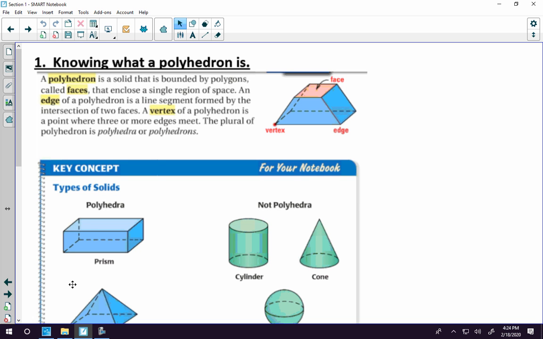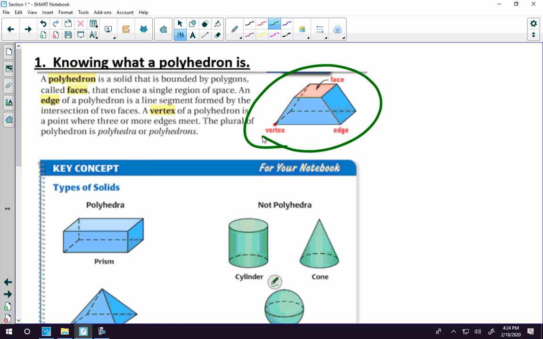Basically, a polyhedron is a three-dimensional space figure, a 3D object maybe you know it as, that has polygons as its faces. If you're looking at the top right corner of this page, this is definitely a polyhedron because it has polygons as its faces.